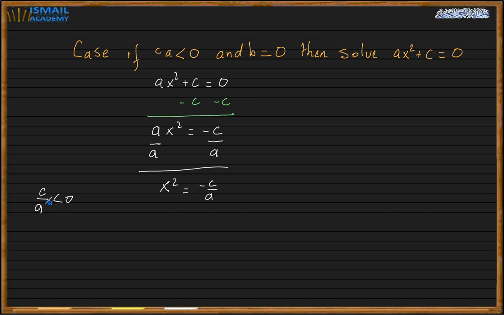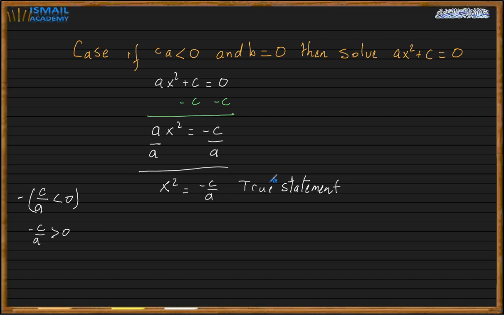If you multiply both sides by a minus, you end up having minus c over a greater than 0, because when you multiply by a negative number, you flip the inequality sign. So we have minus c over a is positive. So here x squared is positive, and this is a true statement.